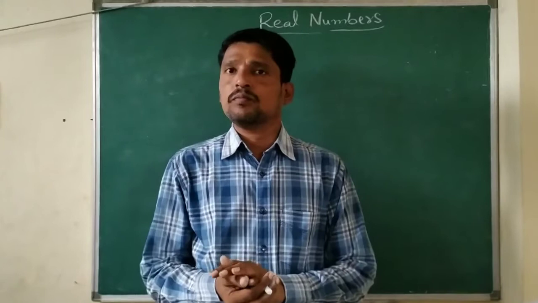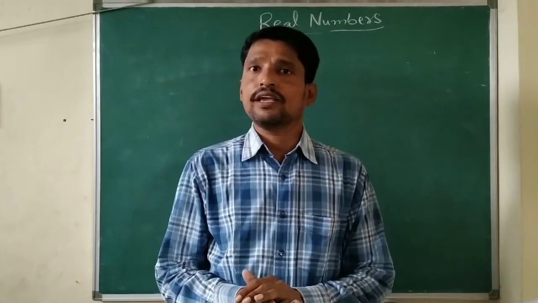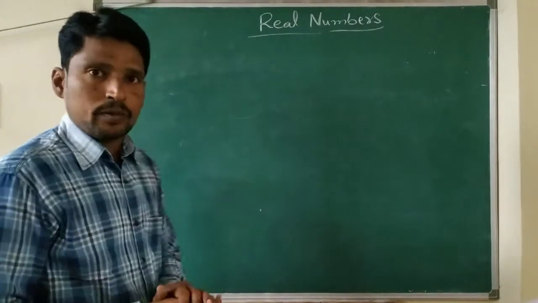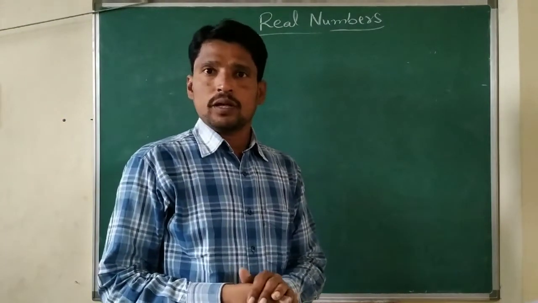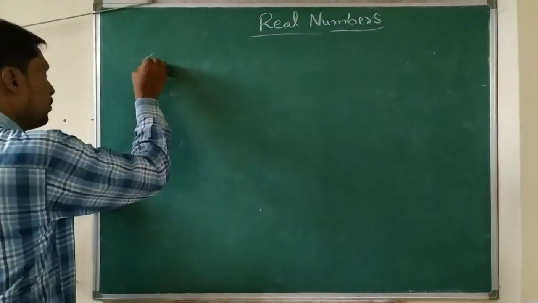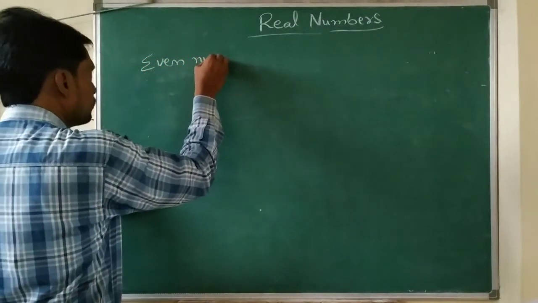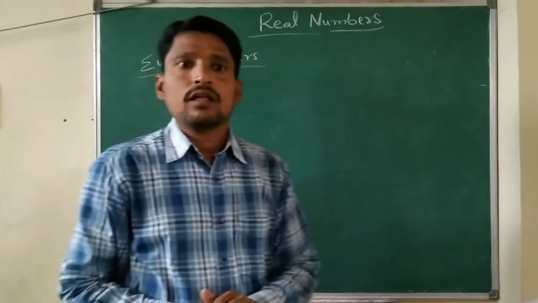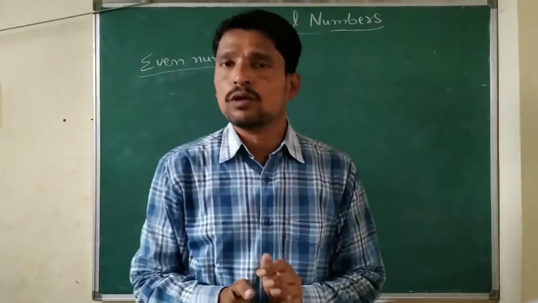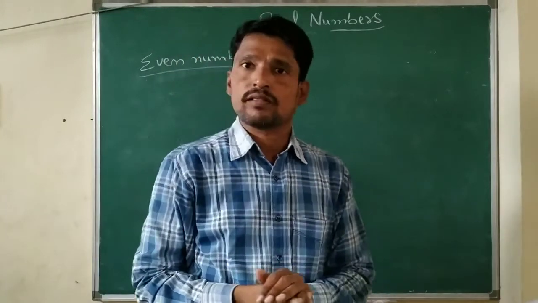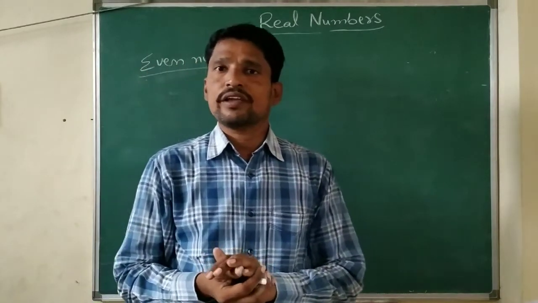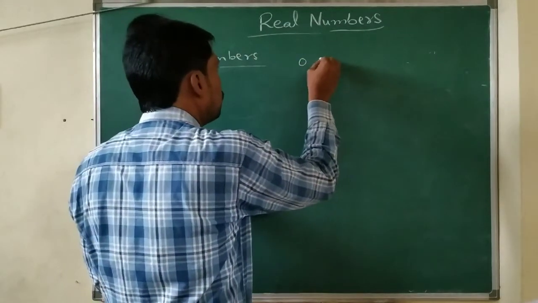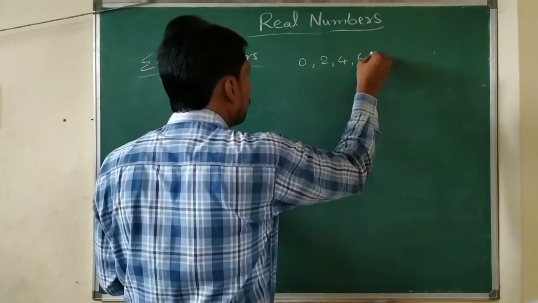Next we will discuss some more definitions: even numbers, odd numbers, prime numbers, composite numbers and co-prime numbers. First we will discuss even numbers. What are even numbers? The numbers which are exactly divisible by 2 are called even numbers. Otherwise we can say the unit digit must be 0, 2, 4, 6, 8.